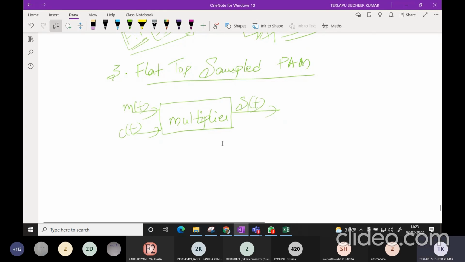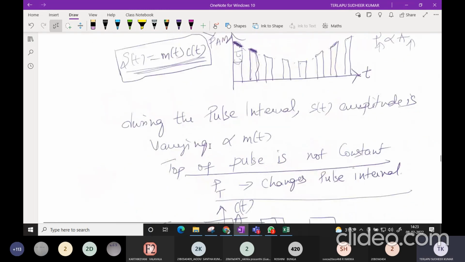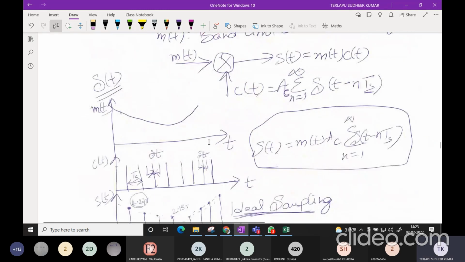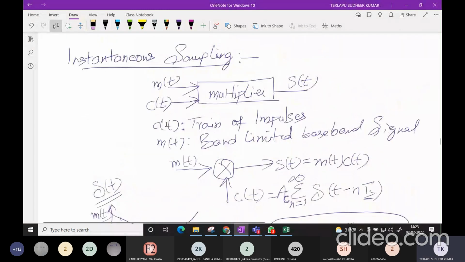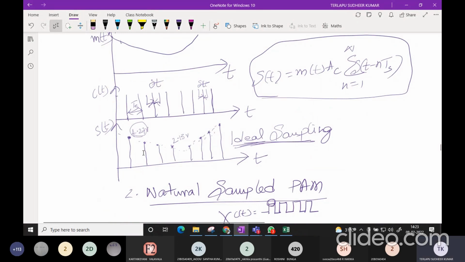So ideal sampled signal, the same multiplier we have seen in the previous class. I have used a multiplier M of t and C of t, so generated S of t. S of t equal to M of t into C of t, where C of t can be expressed as sigma 1 to infinity delta of t minus nTs, where Ts is the sample time interval. So this is my instantaneous sampled signal.